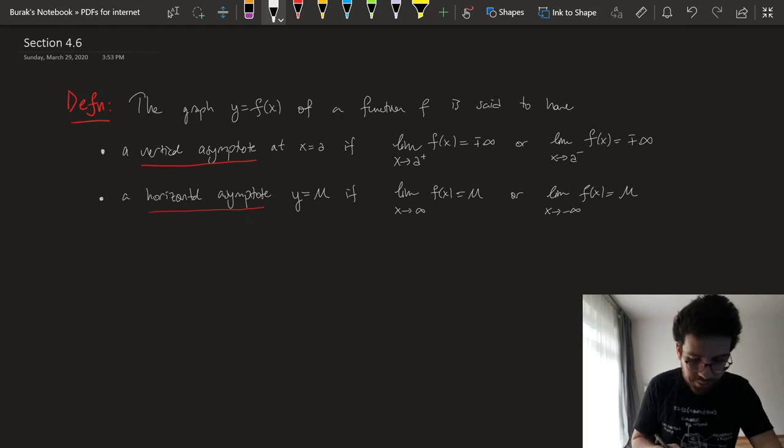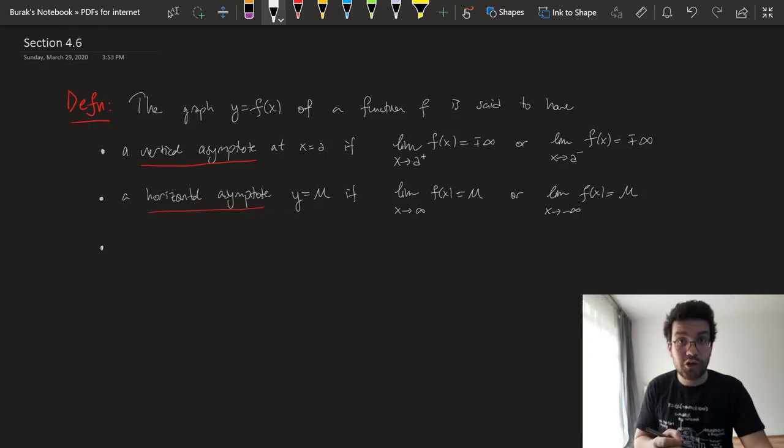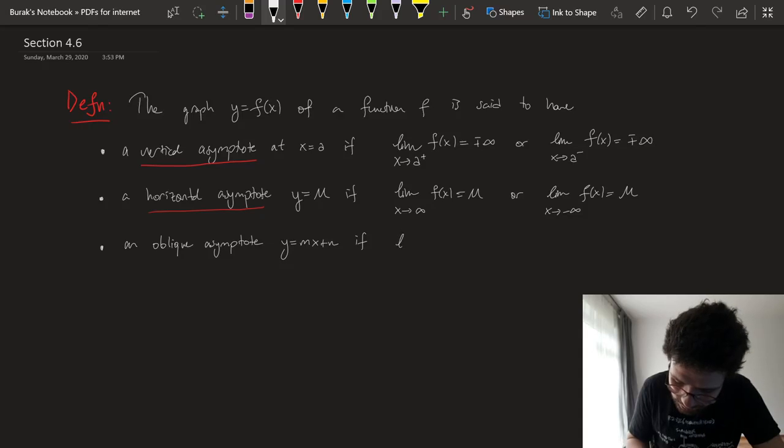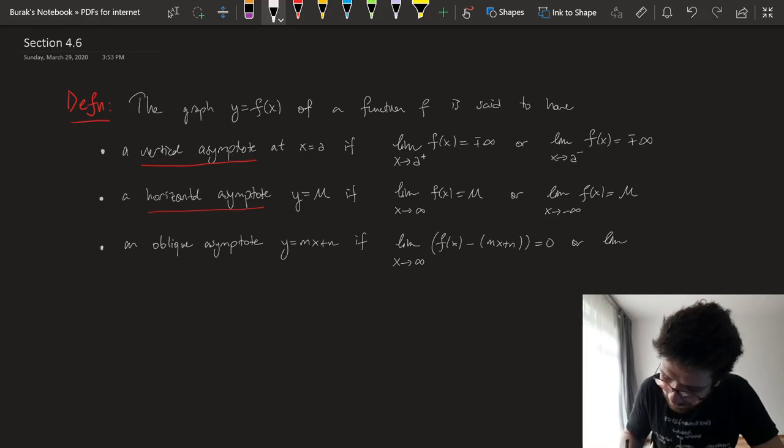and the last case will correspond to lines which are not vertical or horizontal. And f is said to have an oblique asymptote y equals mx plus n if this difference, f of x minus (mx plus n), has limit 0 at infinity or negative infinity.